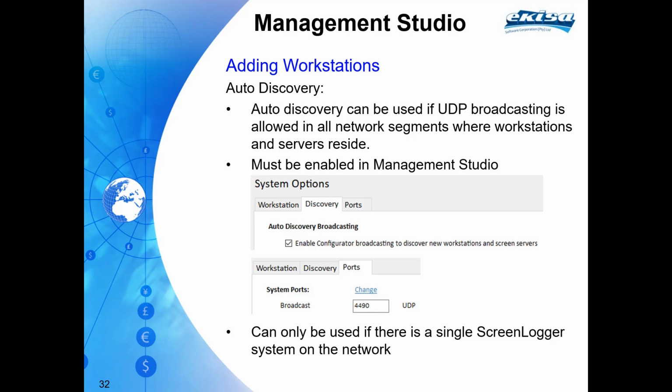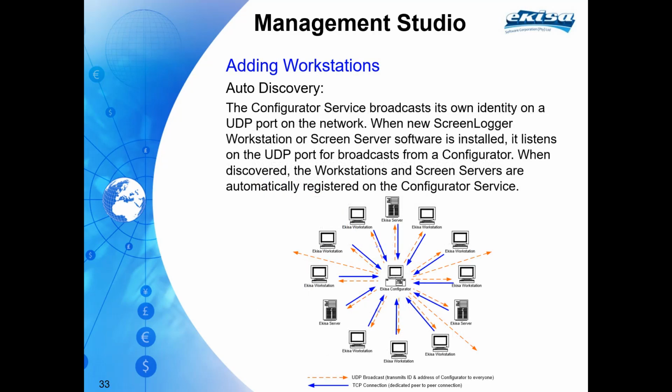Auto discovery can only be used if UDP broadcasting is allowed on a local area network and all system components are on the same local area network. The auto discovery feature must be enabled in Management Studio as it is off by default. In this mode, the configurator service broadcasts its own identity on a UDP port on the network when a new instance of the ScreenLogger workstation is installed without specifying the configurator hostname.